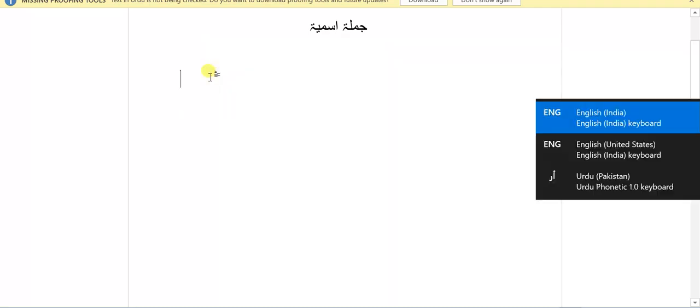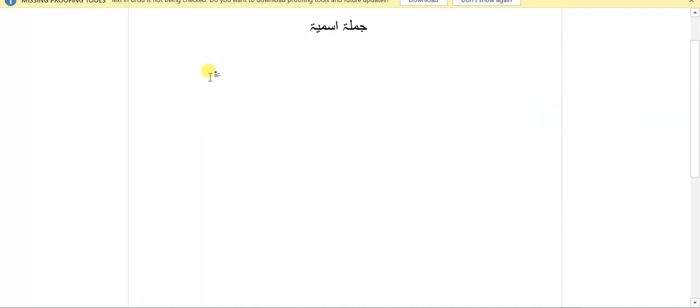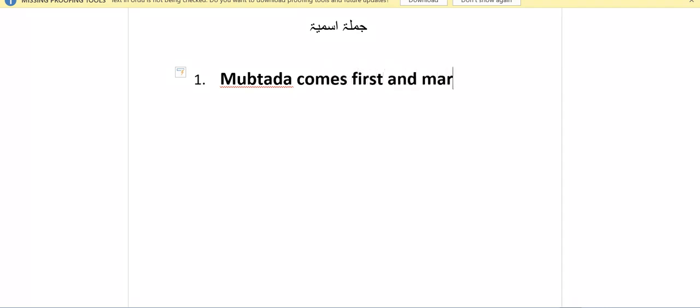One is called mubtada and another is called khabar, and there are some rules for mubtada as well as khabar. Let's understand those rules. First, mubtada comes first and is marifa. Khabar comes at the end and is nakera.